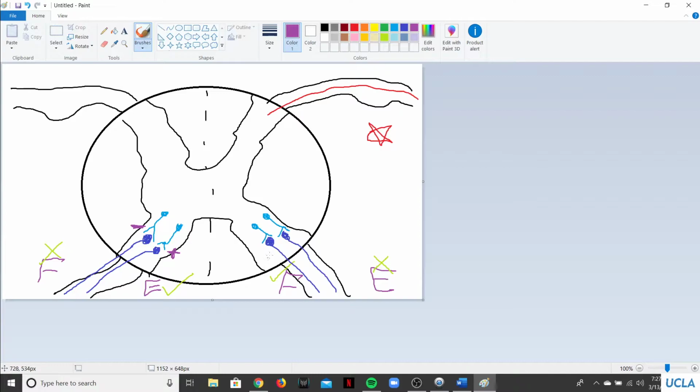And then conversely, on this side, I'm going to excite at this synapse, and I'm going to inhibit here. So what that means is this interneuron is an inhibitory interneuron, and this one is an excitatory interneuron. It's releasing excitatory neurotransmitter, and this is releasing inhibitory.